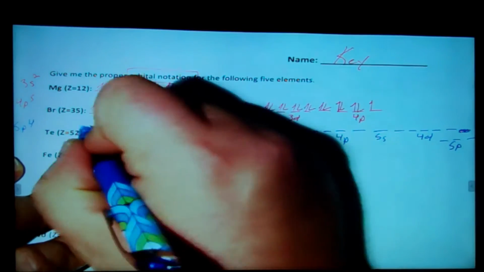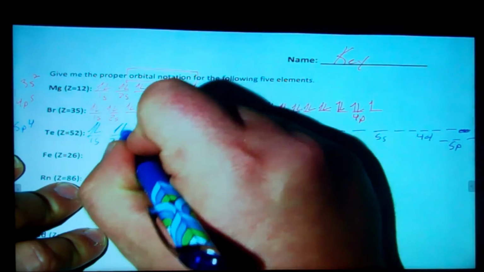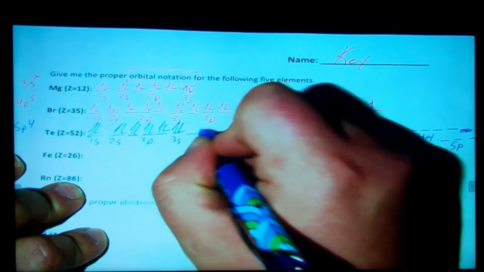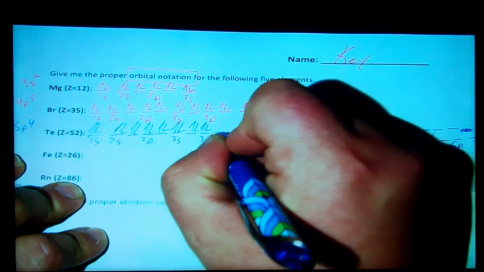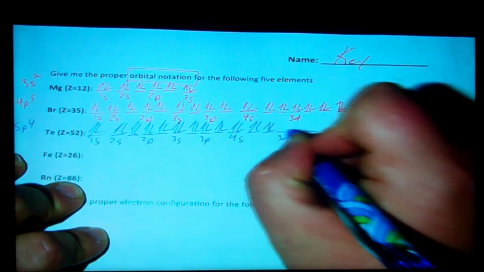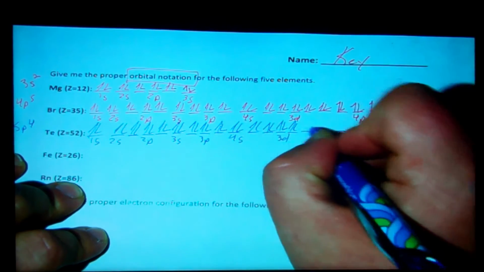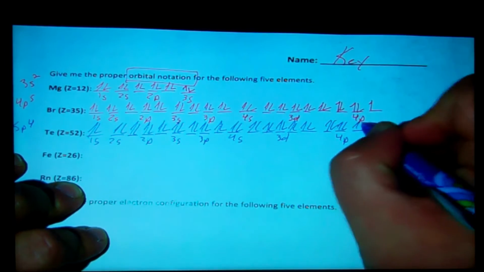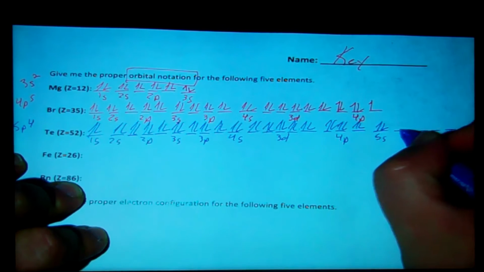So all these up here are full. Let's fill them in really quick. Important thing to note, make sure you get this fill order right. If you are struggling with this, you need to message me.